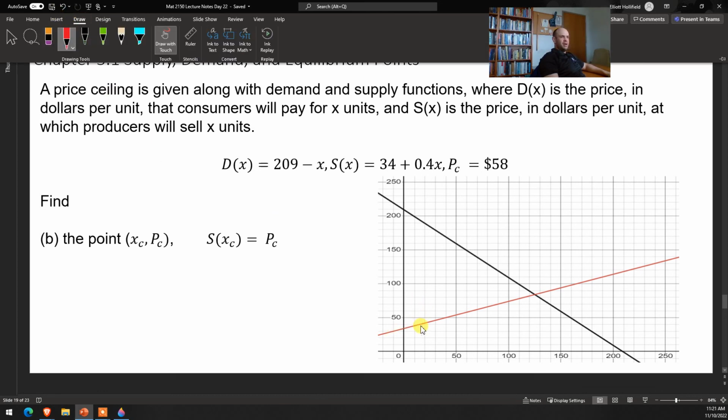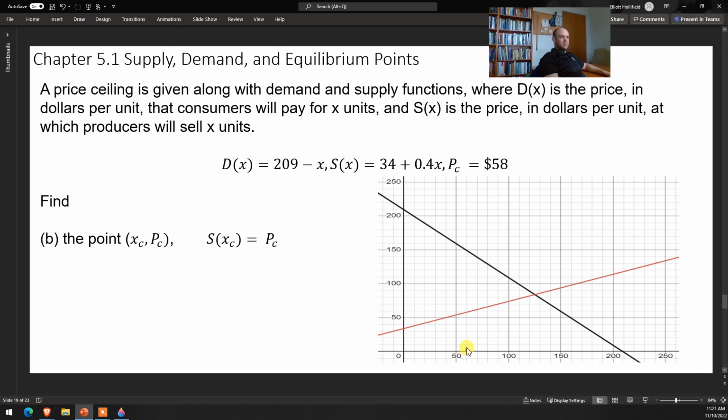So we take our supply curve, and we're going to set the price cap at $58, and we need to find the corresponding input. So we take our supply function and we set it equal to 58. That is 34 plus 0.4x is equal to 58.